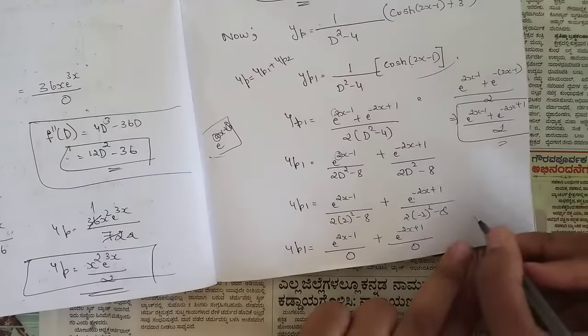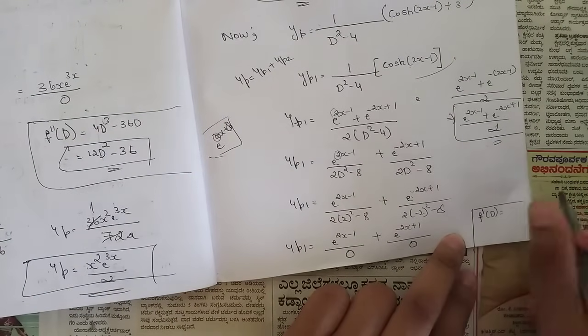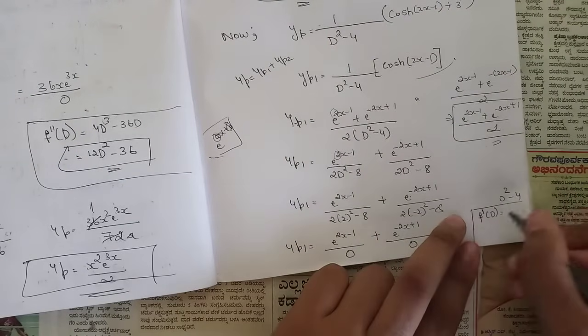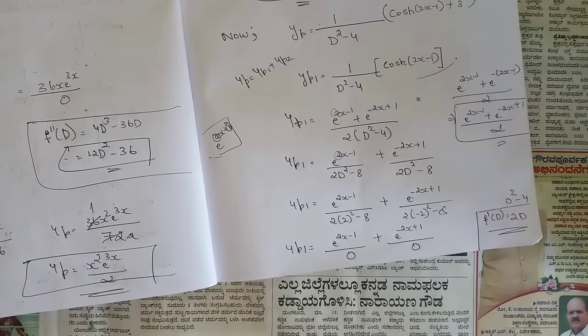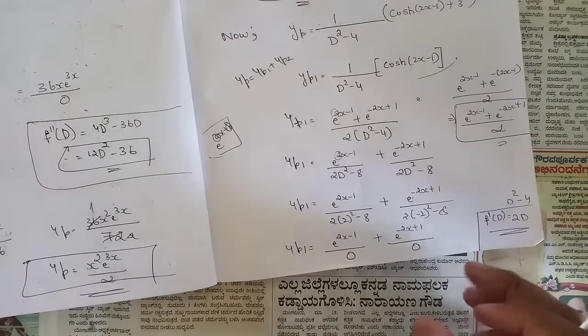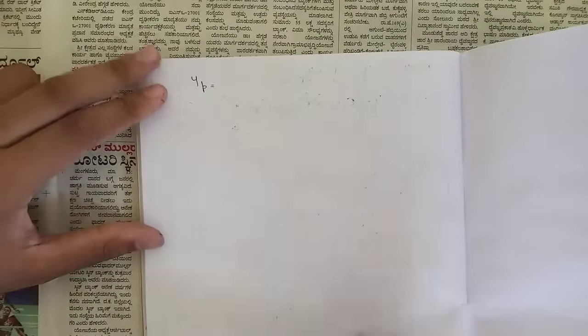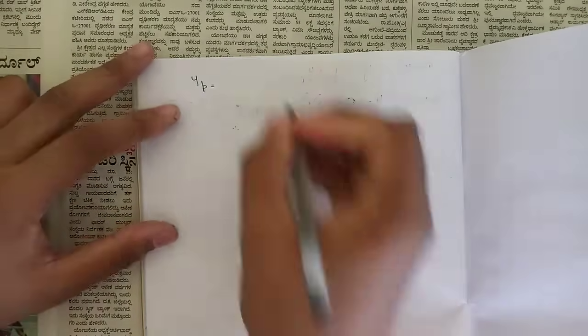For that now we need to take the derivative of f of D, that is f dash of D. What is f of D given? D square minus 4, right? So now the derivative of D square is 2D and 4 is 0. So the value of f dash of D is 2D now. So now we are going to substitute that f dash of D. So now yp would be looking like, since we have taken the derivative, we need to multiply x in the numerator.